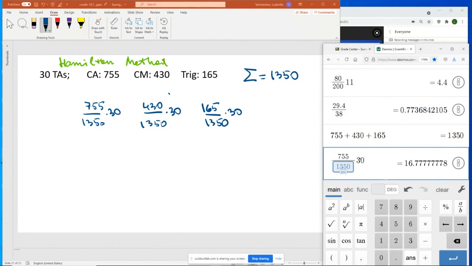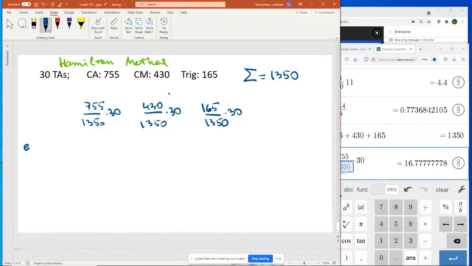So what we have found on this step is the exact quota. It is 16.78.